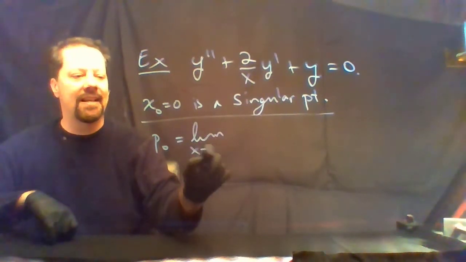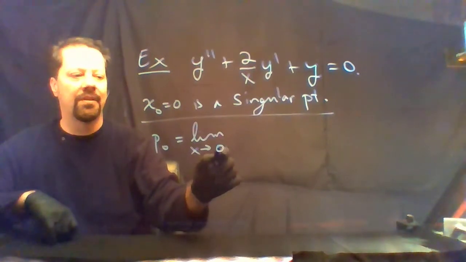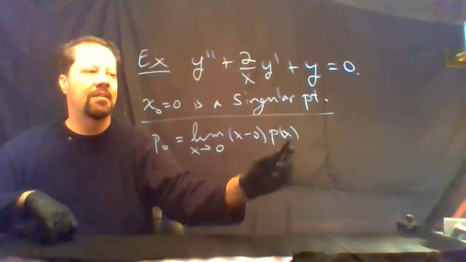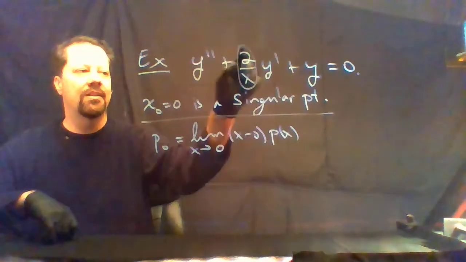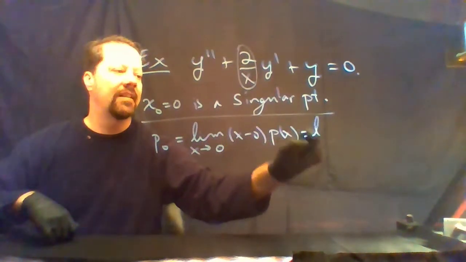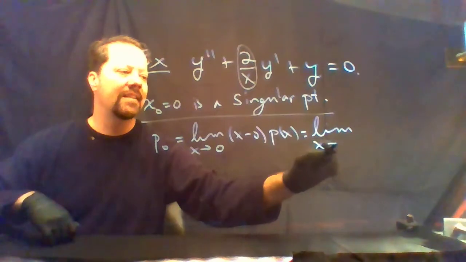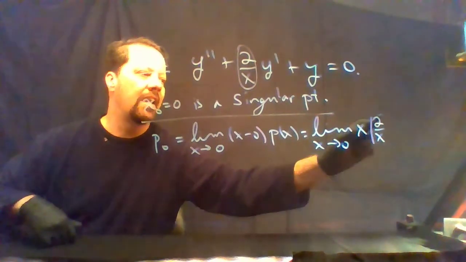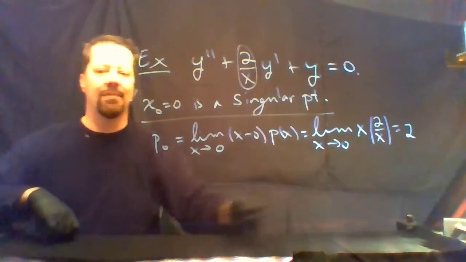This will be the limit as x goes to the singular point 0, x minus 0 times p of x. P of x in this case is here. That's the limit as x goes to 0 of x times 2 divided by x. Well, that limit is 2.